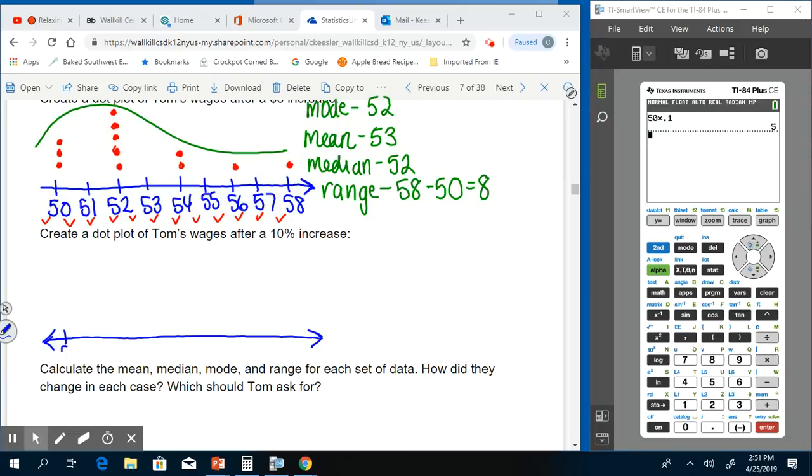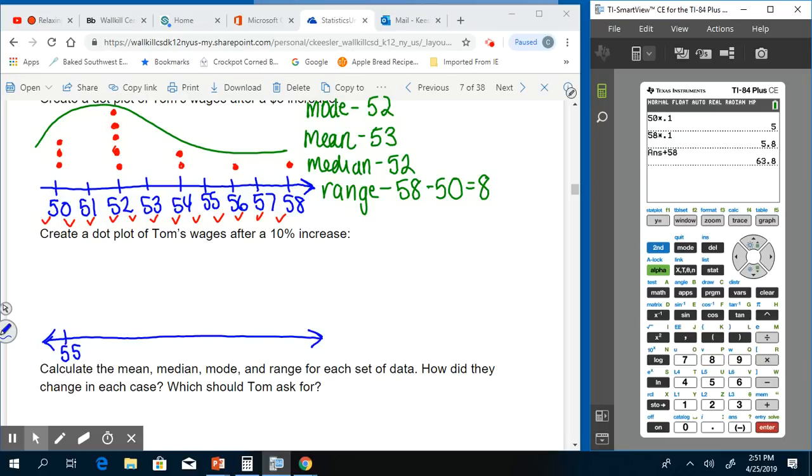So we want 55 to be our lowest number. And then 58, if we do 10% of that, 58 times 0.1 is 5.8, plus the 58 is going to be 63.8, is what I need to get to.